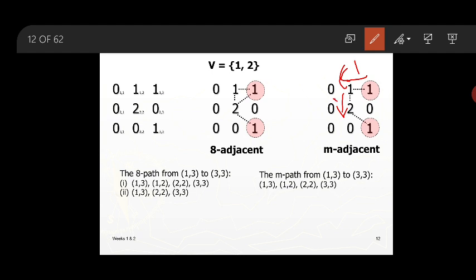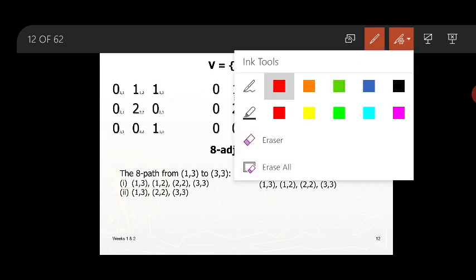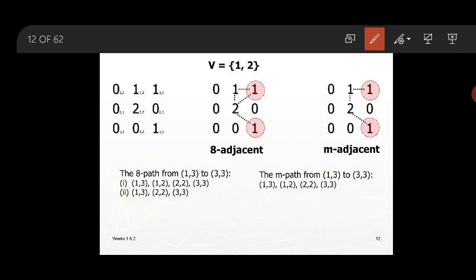Where are you right now? Now you are in 2. Look at this one again. Where do you have to reach now? 3 3. Now again look at the common pixels for this 2 and this 1: this 0 and this 0. Are they from V? No, because there is no common value from V. Then directly you can go. You can have a connection.